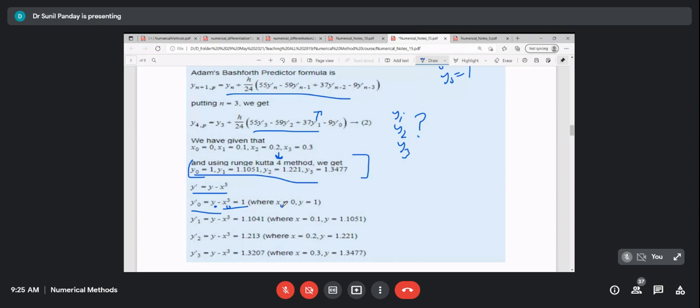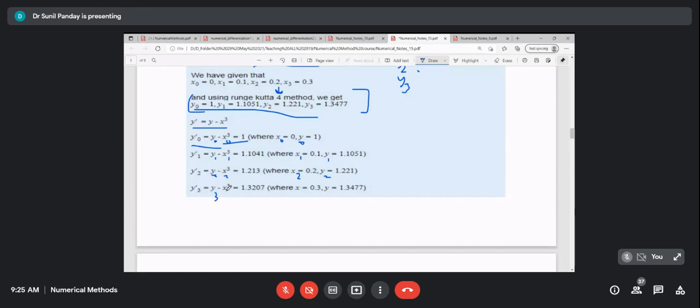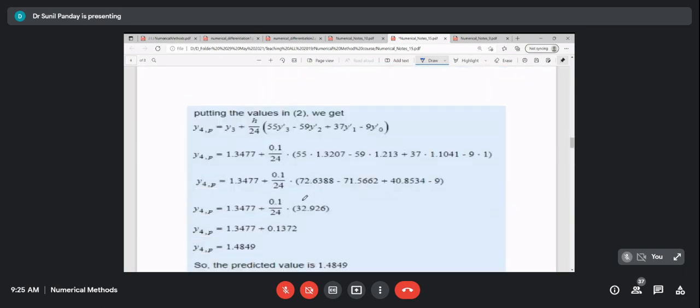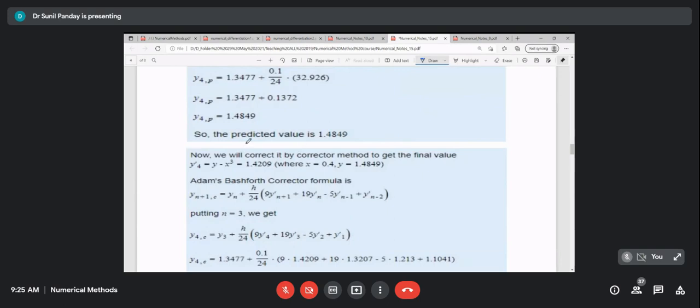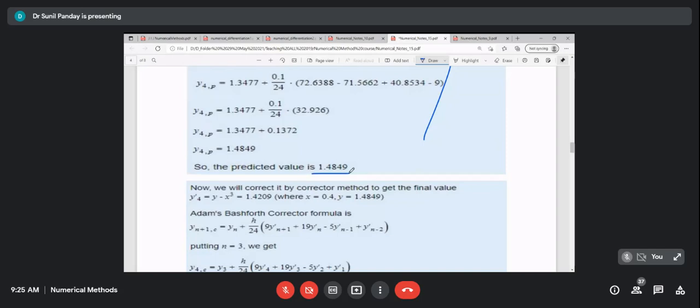So you are using this to calculate. Then you are using one values, then you are using two values, and then 3. So you have calculated all these y0 dash, y1 dash, y2 dash, and you have substituted here, and after simplification you will get this as a predicted value.